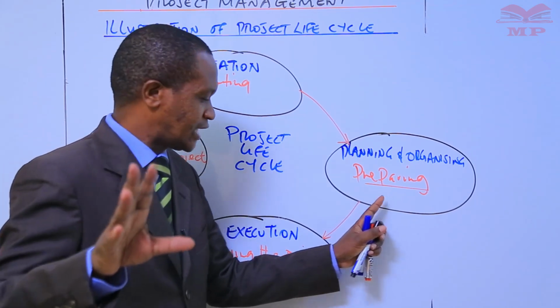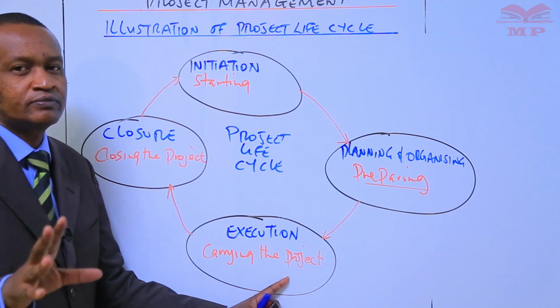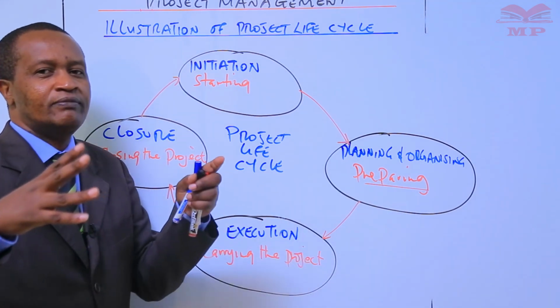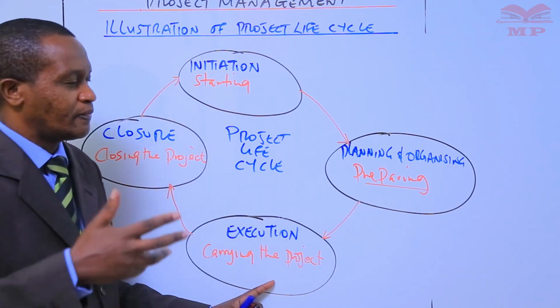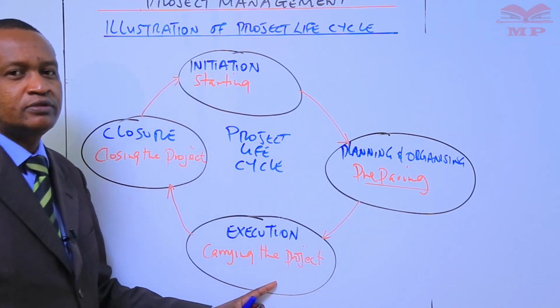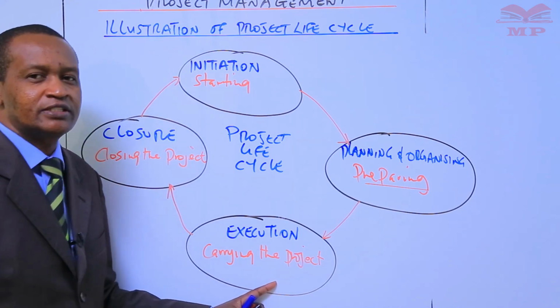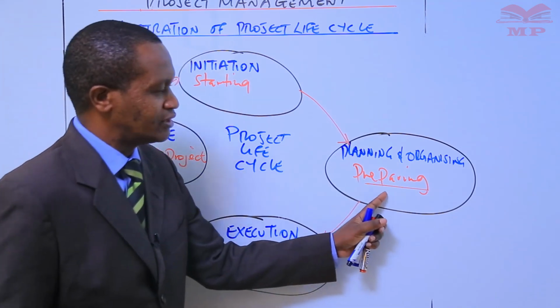So all those things happen during the execution. I've also said that a plan gives the team direction for producing quality output, for handling risk, for creating acceptance, communicating benefits, and so on. So a plan is very important.